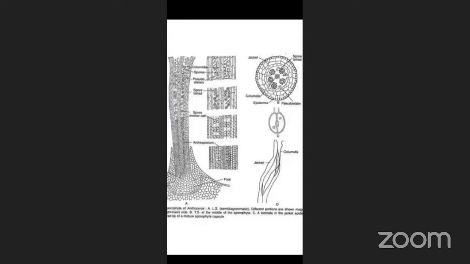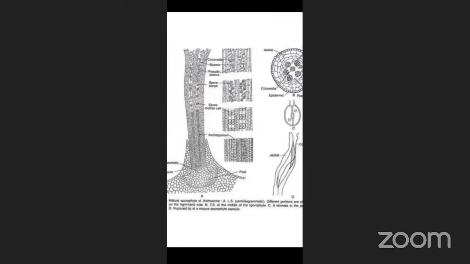After the fertilization of the antherozoid and egg, a zygote is formed. After the zygote, it develops as a sporophyte.